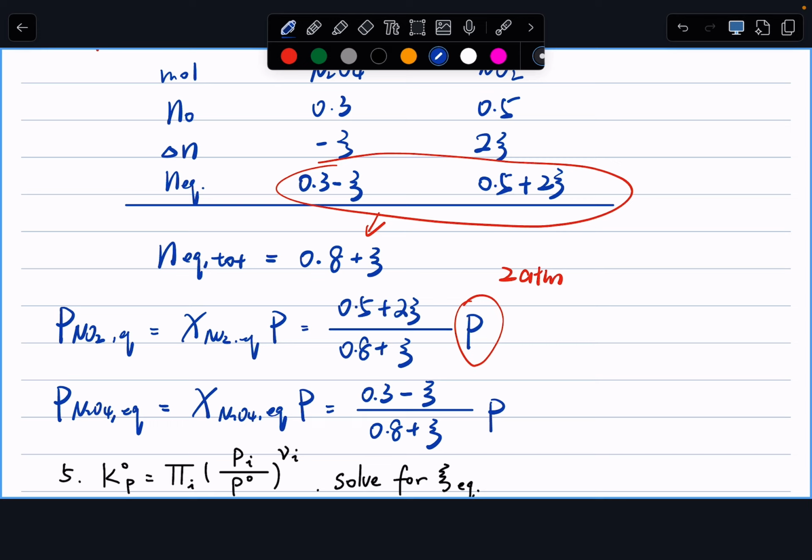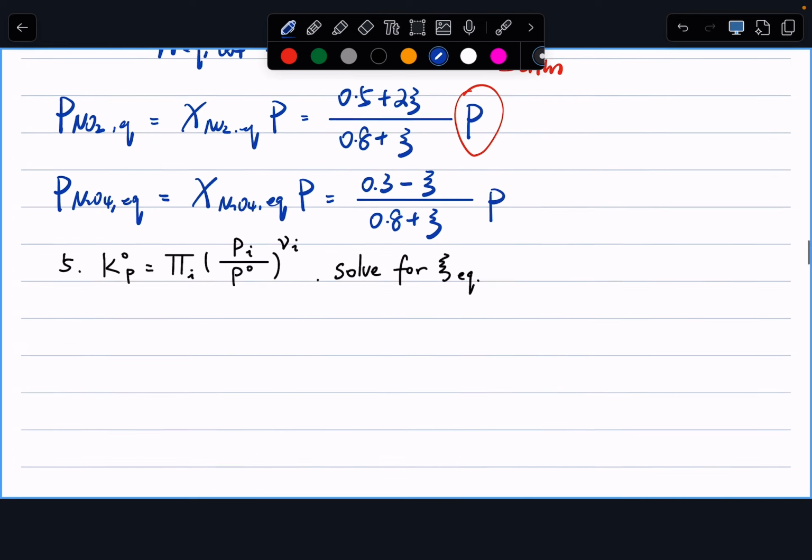All right. Well, what else do we know? We haven't used our equilibrium constant, so now we're going to use the partial pressures we solved for, write my equilibrium constant from the definition and solve for my extent of reaction.